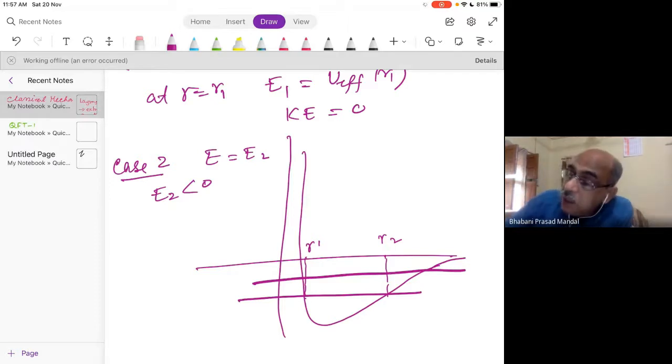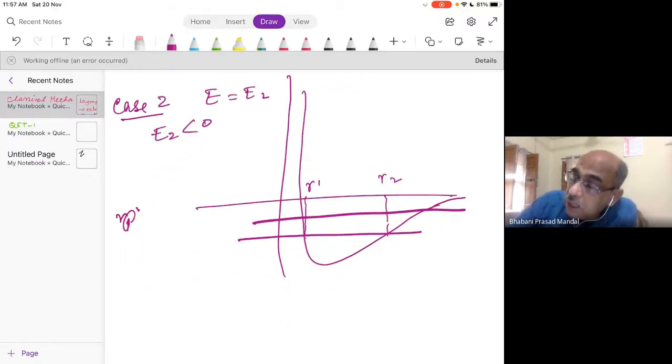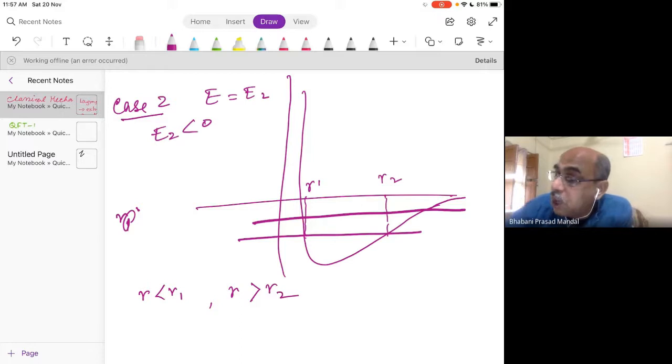Now, can the particle exist at R1? First you see, can the particle exist at R less than R1 or R greater than R2? This is R2. So in this region or in this region, can the particle exist? That we have to check, because kinetic energy cannot be negative.